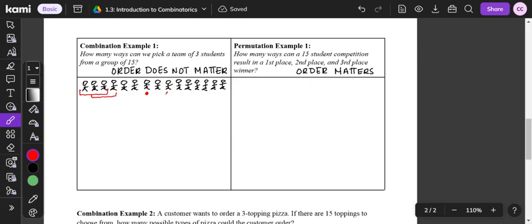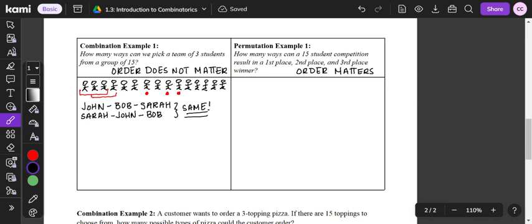I could pick this person, and this person. It doesn't matter, as long as I have a team of 3. In combinations, sometimes you'll end up with the same result, but they're not 2 separate outcomes. They're actually one and the same. I'll show you what I mean.